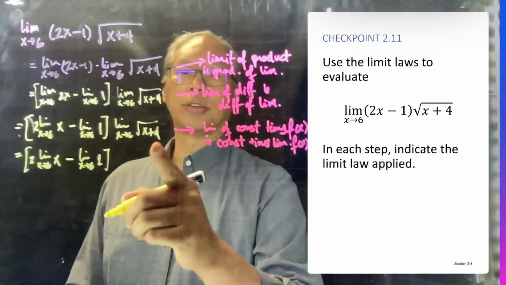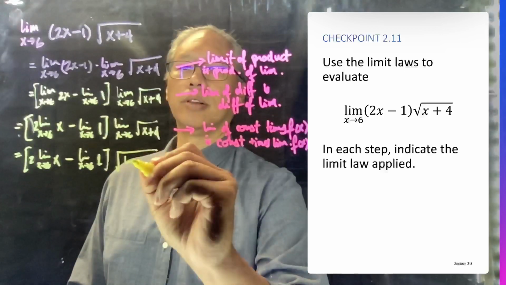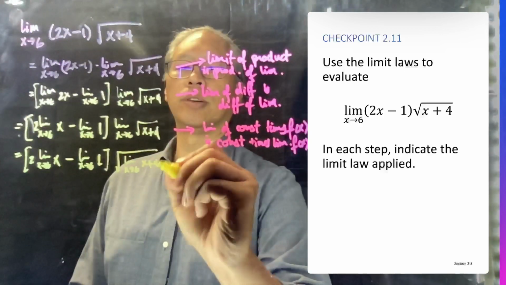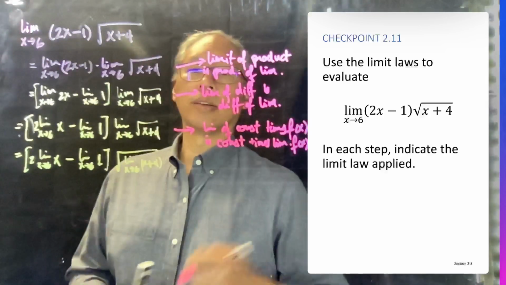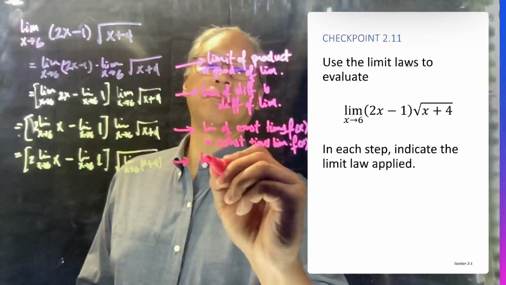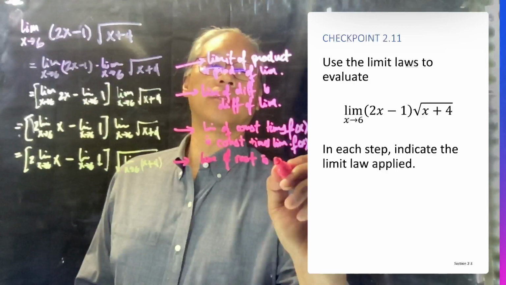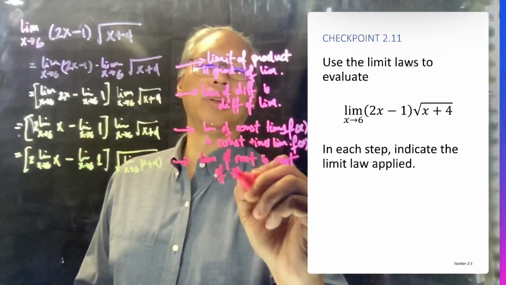The limit of a square root is the square root of the limit. So that's the square root of limit as x approaches 6 of x plus 4. So limit of a root is root of the limit.